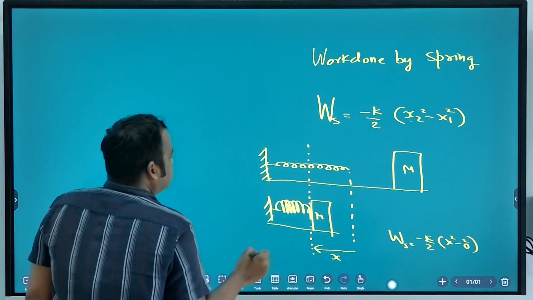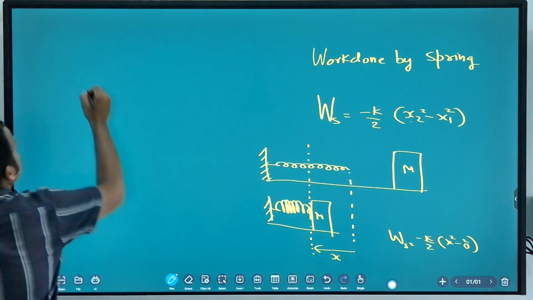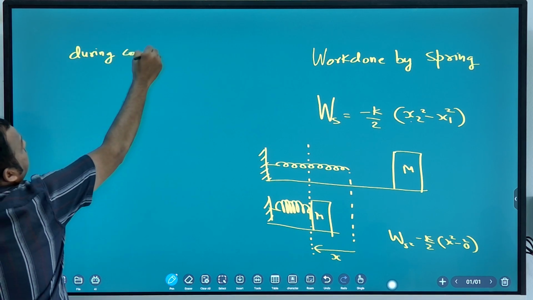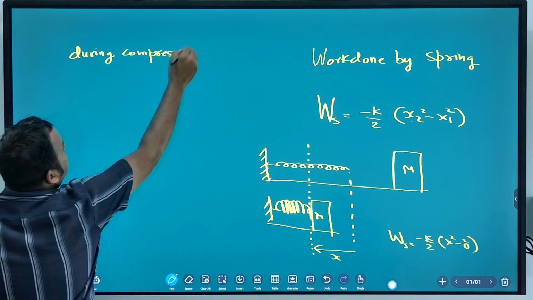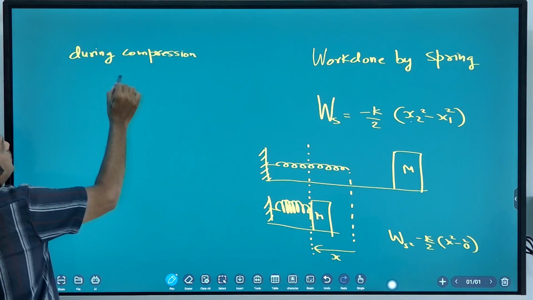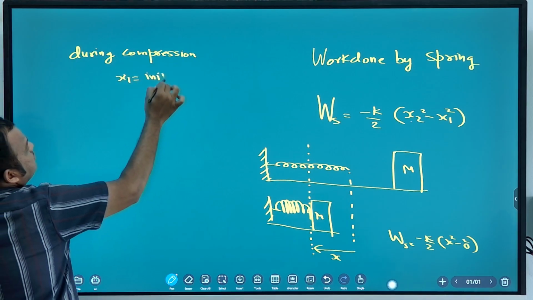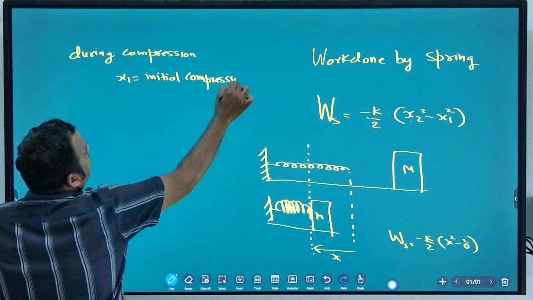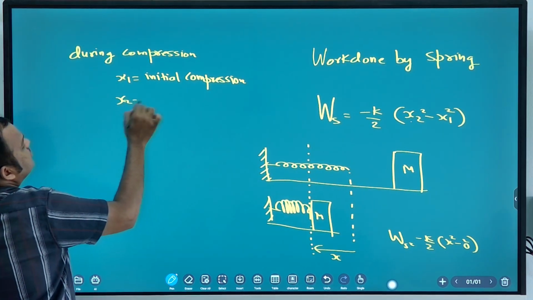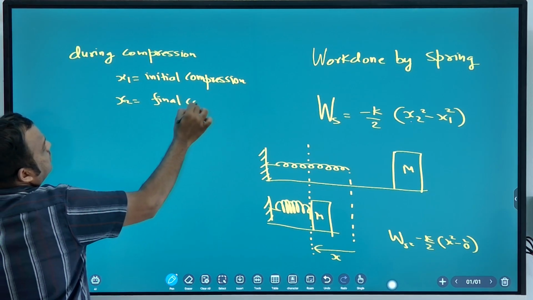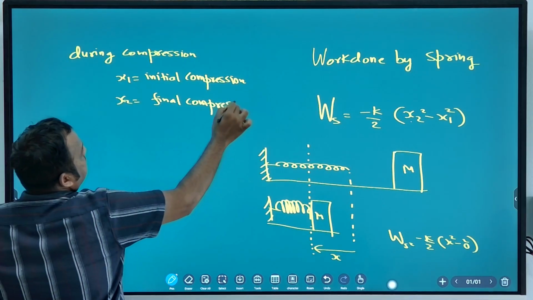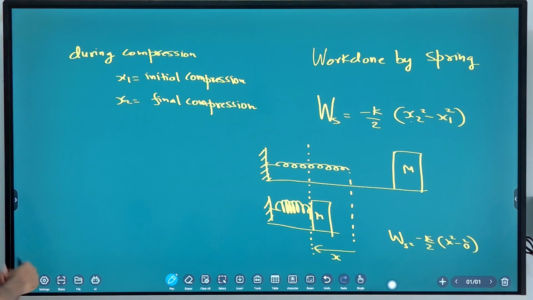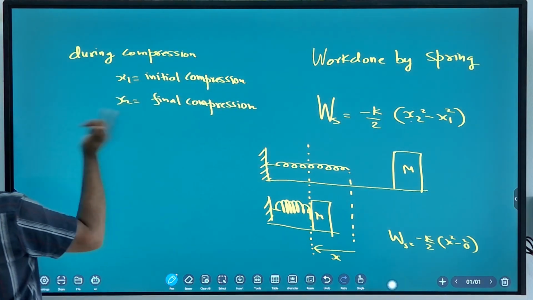Okay. So note down. During compression, if x1 is initial compression and x2 is final compression, same formula you can use.